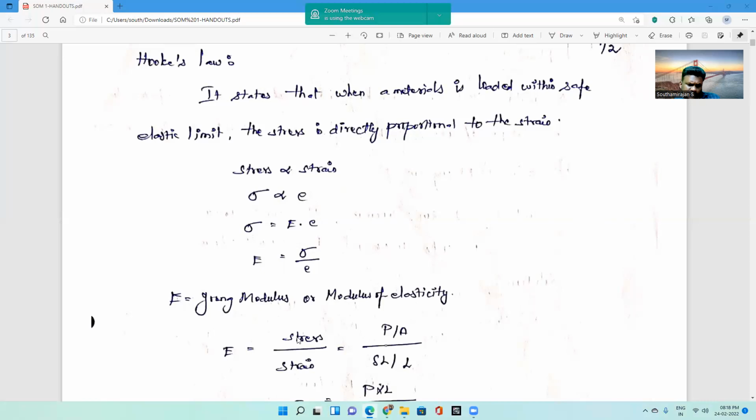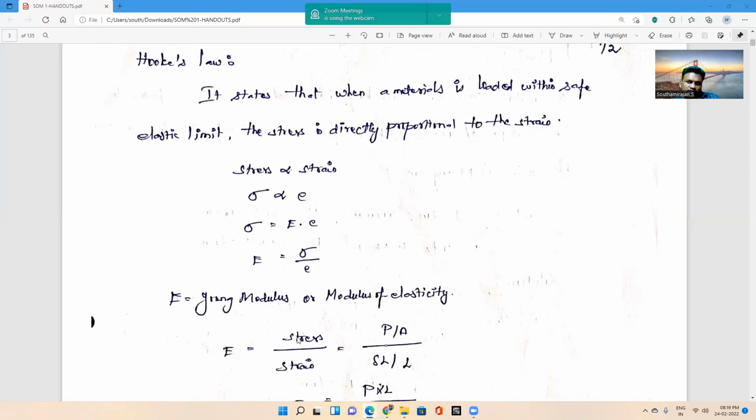So this is the variation we can predict. Similarly, if we apply the load beyond the elastic limit, the material will not regain its original shape and dimensions as at the initial stage. So these are the differences between the elastic limit and beyond the elastic limit.